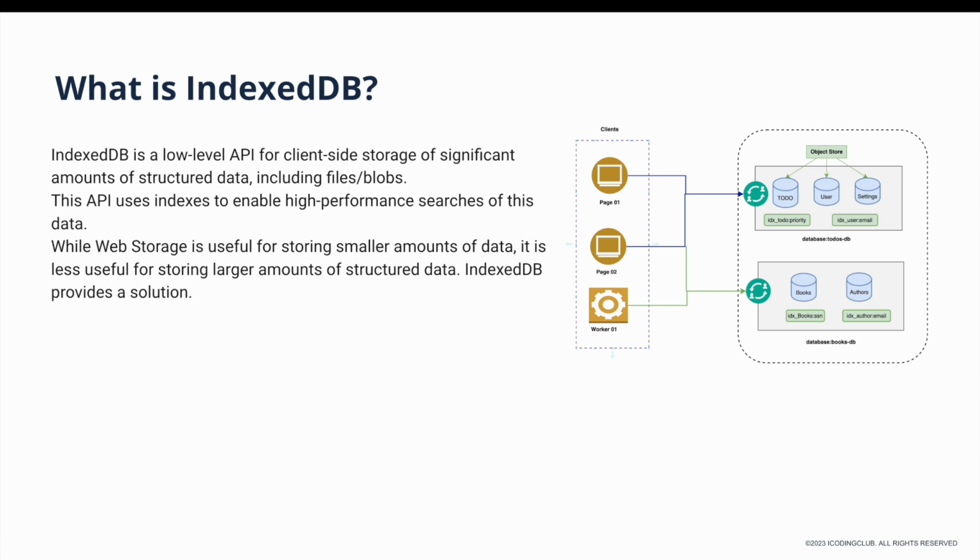Safari, Firefox, Chrome, you get different levels of storage. IndexedDB also provides an API which lets you do high performance searches on that data. And we will see how we can use IndexedDB for sorting and other purposes.